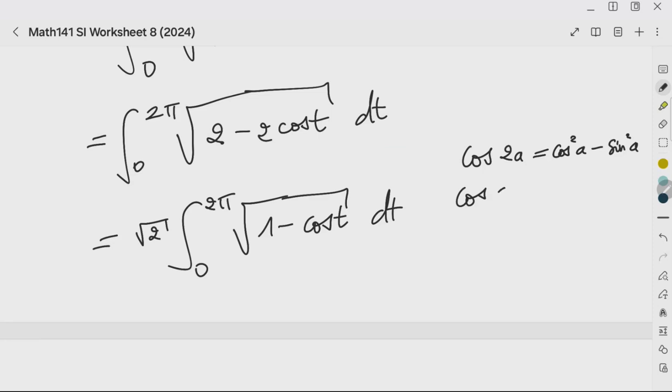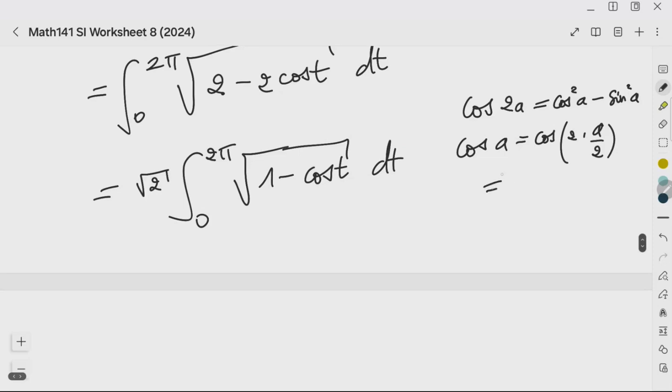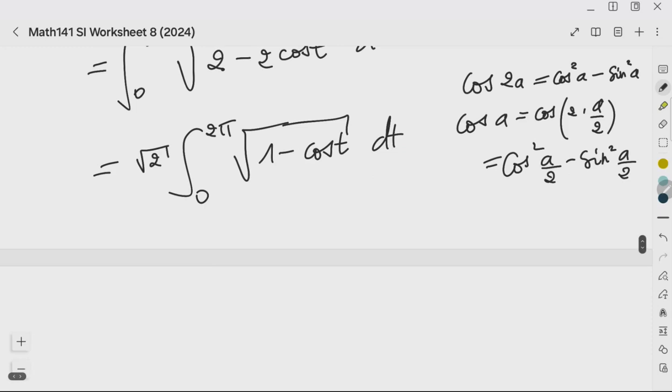And cos of a, which is the same as cos of 2 times a over 2, sorry, not 1 over a, but a over 2, is the same as cos squared of a over 2 minus sine squared of a over 2. So that's the logic that we use here.